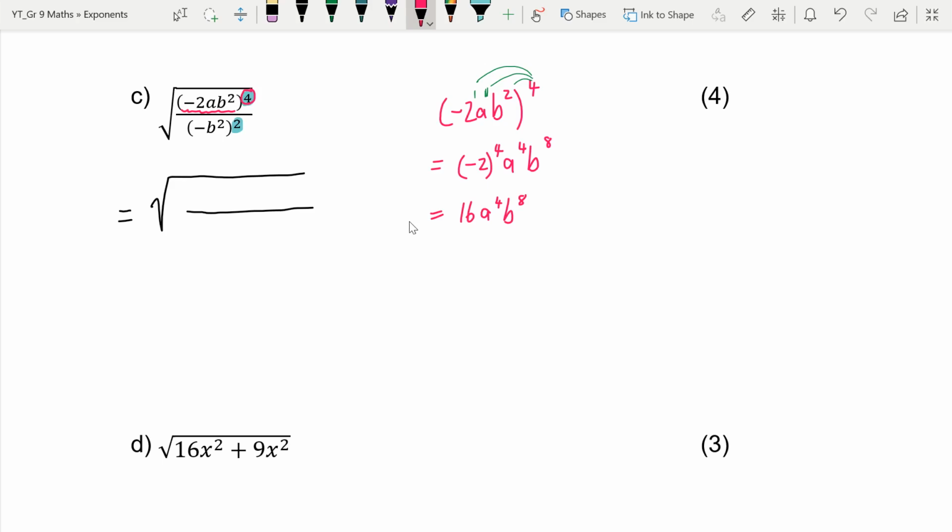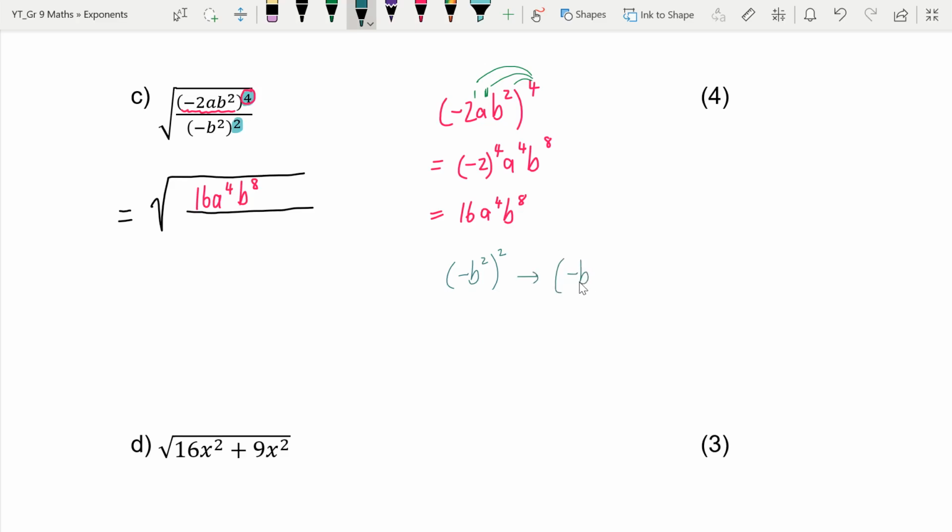Okay, so we simplified the numerator to that. I'm keeping the square root because what we did was simplifying the top, not getting the square root of the top, right? Now for the denominator, we've got the (-b squared) that is raised to the power of 2. Okay, so what is that going to be? I'm going to expand that a little bit.